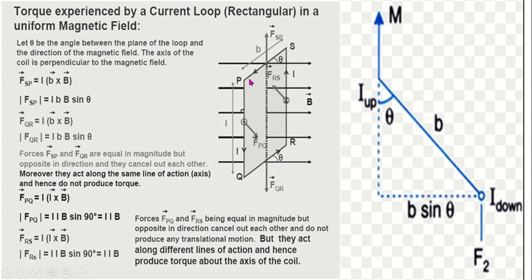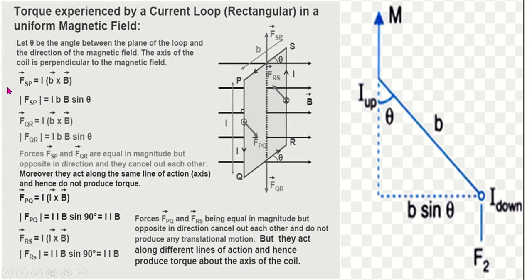I have to tell one thing here. In this case, I have taken the width of the coil as B and the height or the length of the coil as small l. So what is the force at the arm PS, or SP?